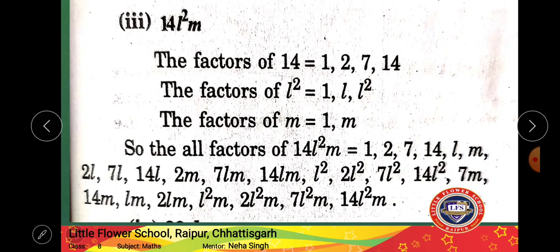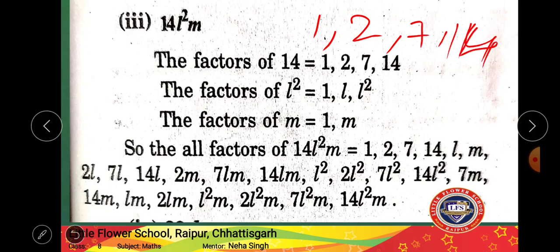The simplest method to find the factors is to see in which tables 14 comes. First 1, then 2 sevens are 14 and 7 twos are 14, so it comes in the 2 table and the 7 table, so we write 2 and 7, and last will be 14 itself.